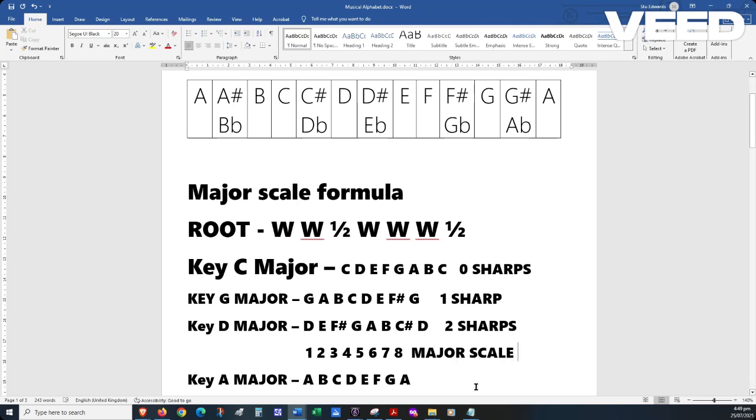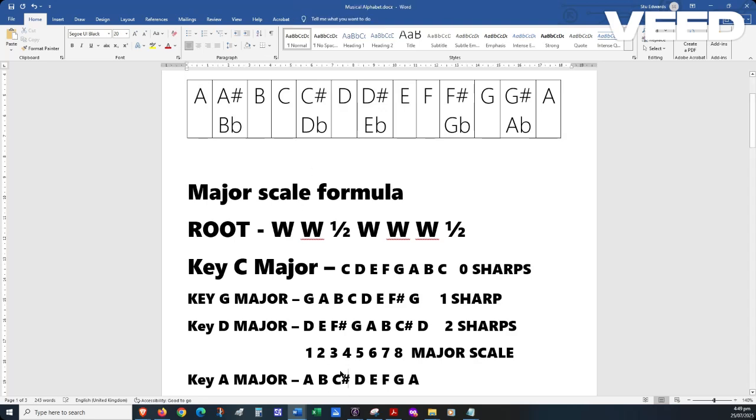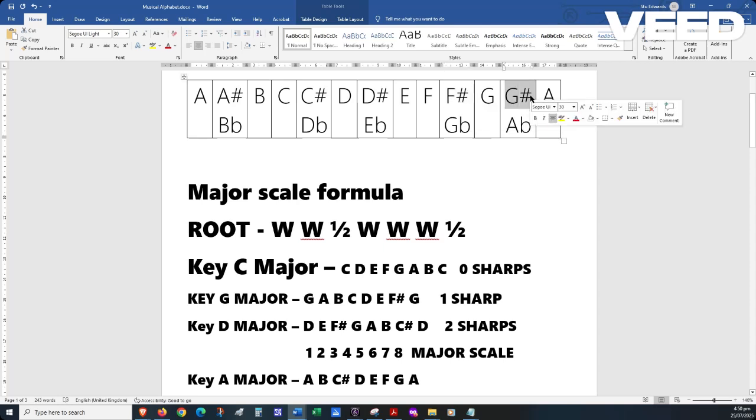So we know that there's going to be some sharps in here. Let's begin the musical alphabet on the A. We're going to move whole, half. So we had a sharp there. That was C sharp. We'll start again. A, whole, half, whole, half.